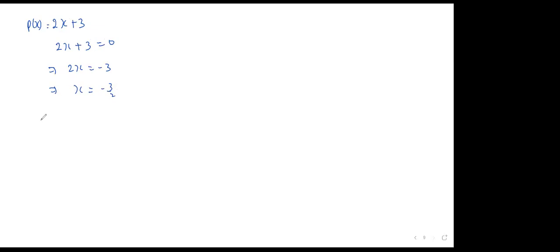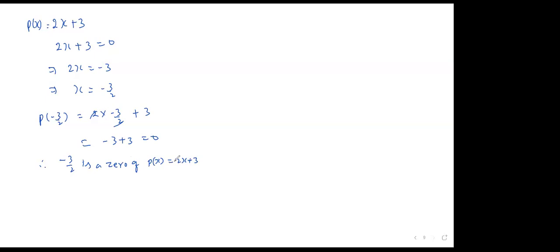If you put x equals negative 3 over 2, it becomes 0. Therefore, negative 3 over 2 is a zero of p(x) equals 2x plus 3.